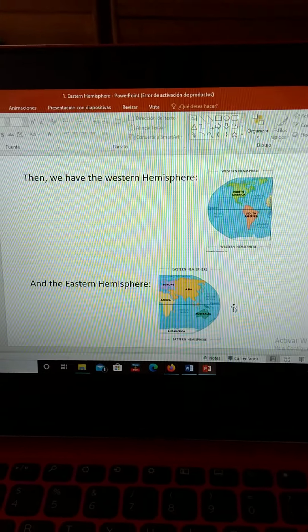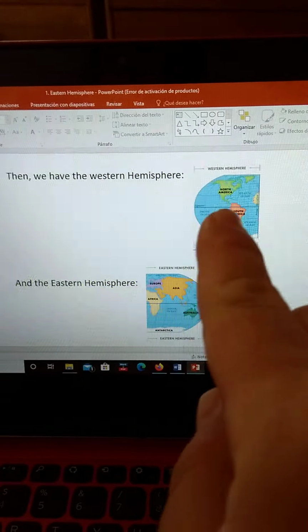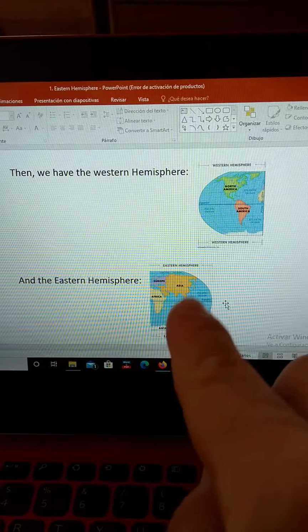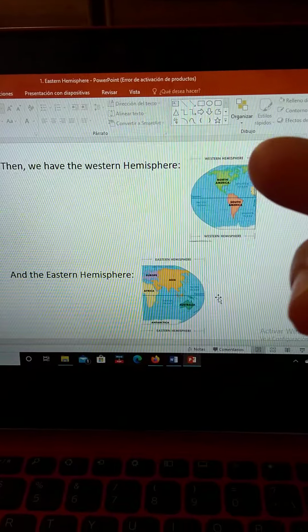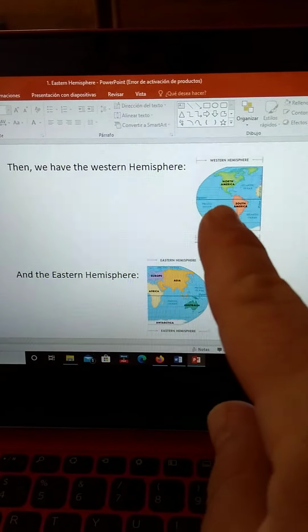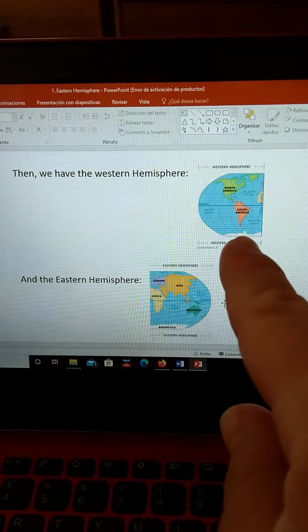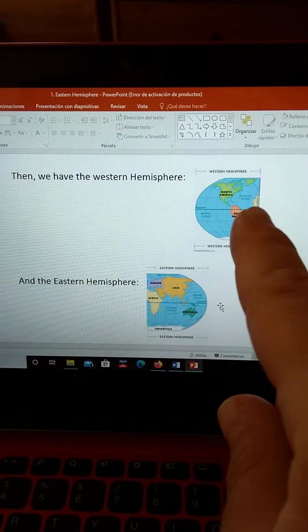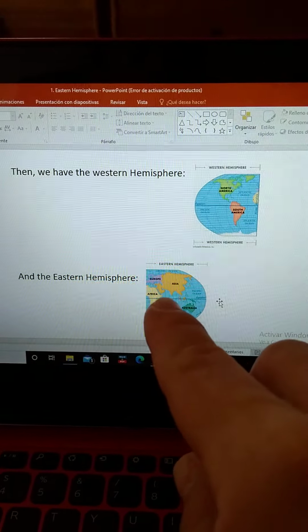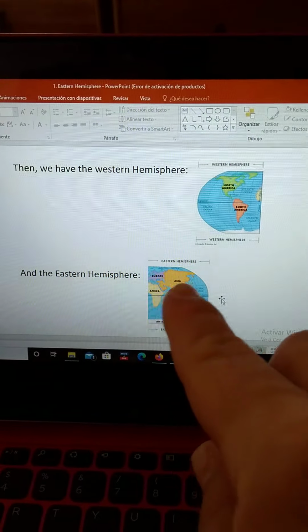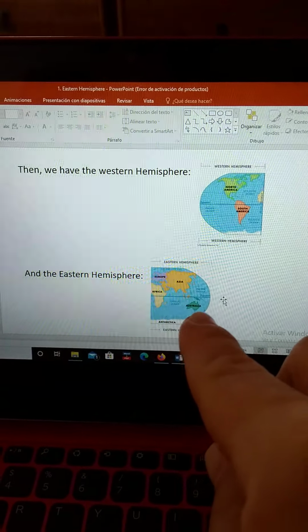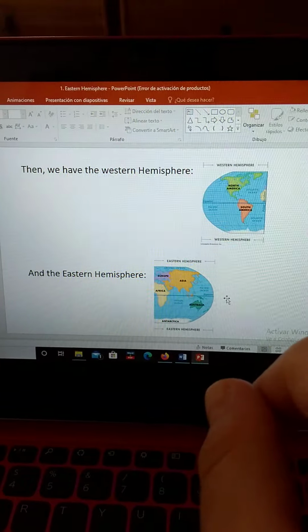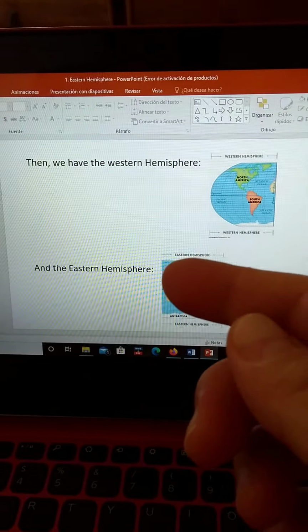Now, you have the other 2, the western and the eastern hemisphere. Here in the western you have all of America and just one tiny bit of Africa. And here on the eastern you have Europe, Asia, Africa, Australia. So what's the point?